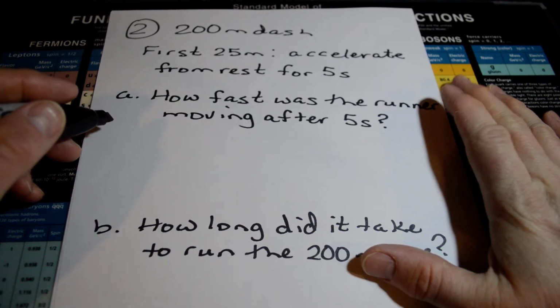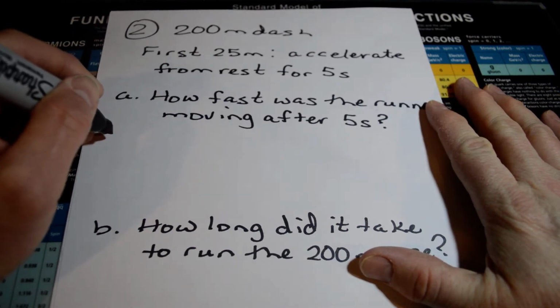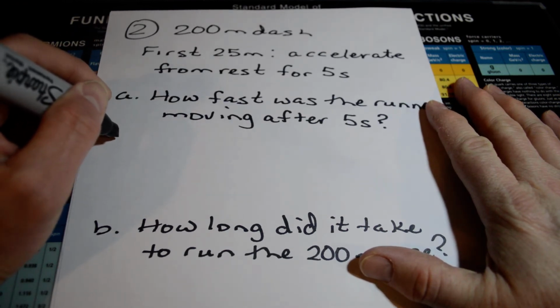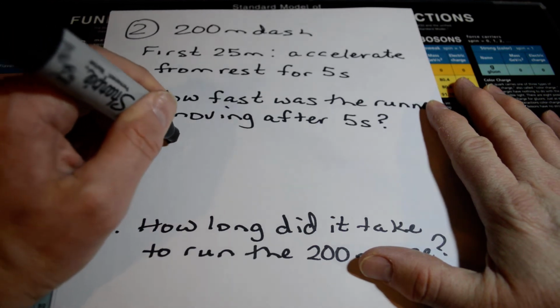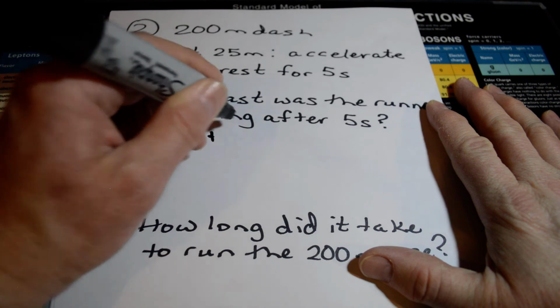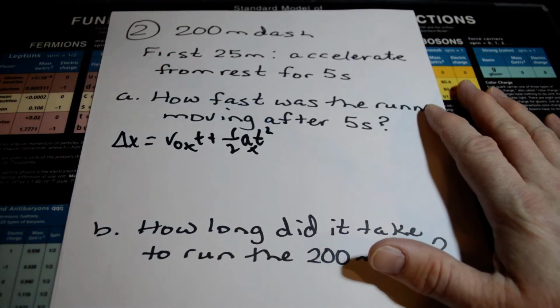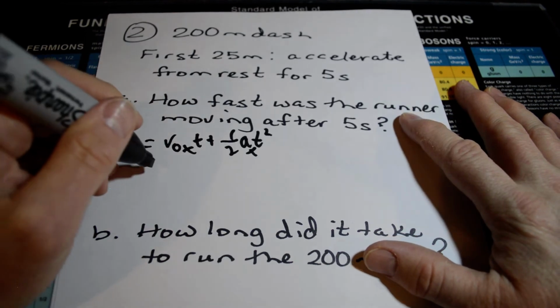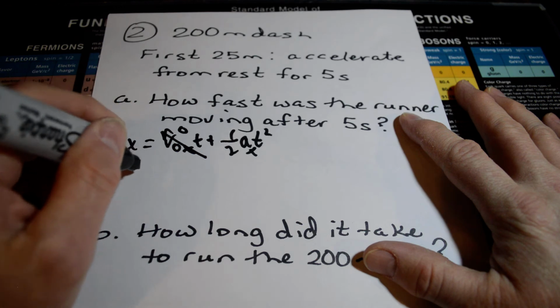Okay? So if you want to know how fast, I think I would find what the acceleration was. I know that this is a horizontal problem, so I do v naught x t plus 1/2 a t squared. And this isn't a projectile, so a_x is not 0. But the first term is 0 because the initial velocity is 0.